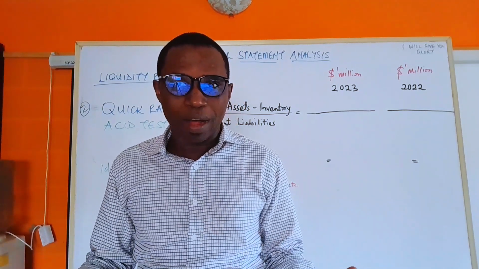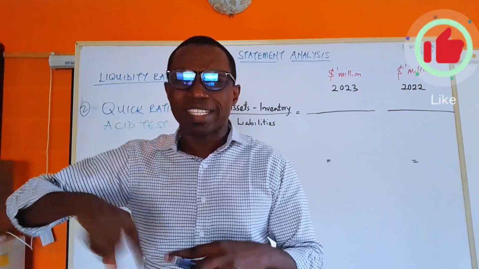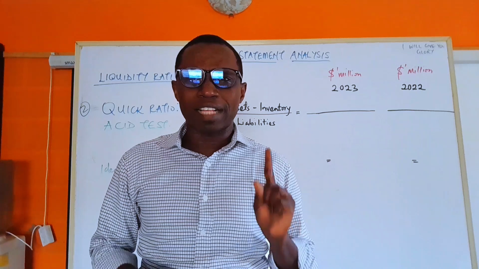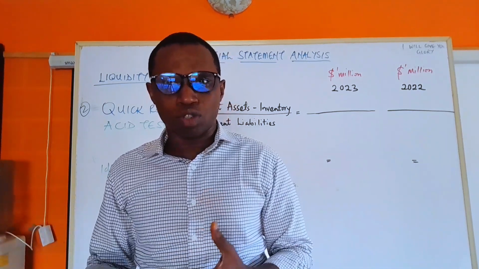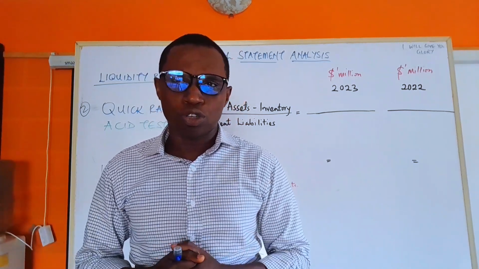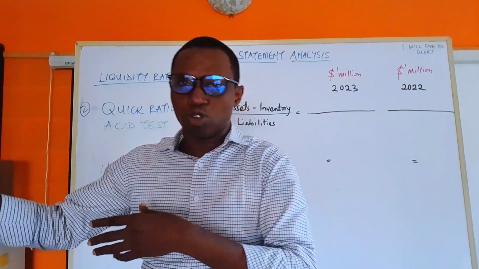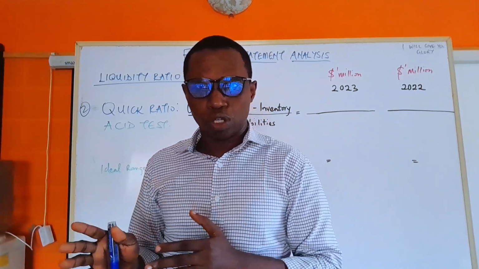Maybe if it is less than 1. Why? Because they know that they can easily turn their own inventory to cash, because it is a fast moving consumer goods. So it's different from a company that is selling, let's say, luxurious goods. I hope you understand. So industry differ from industry. So we can't make the comparison except you are comparing with industry average. However, generally, the ideal range is 1:1.